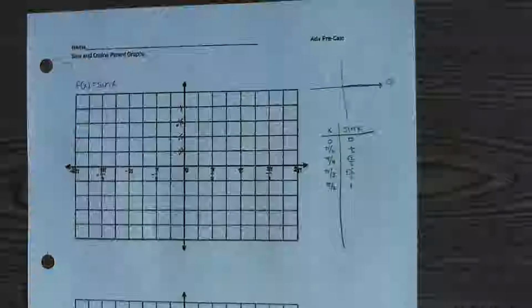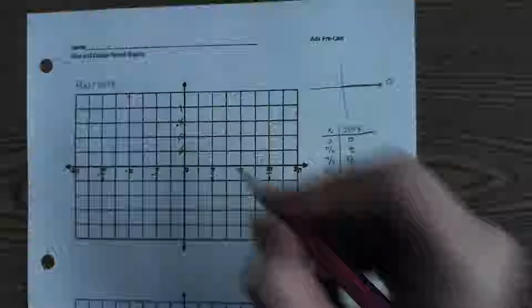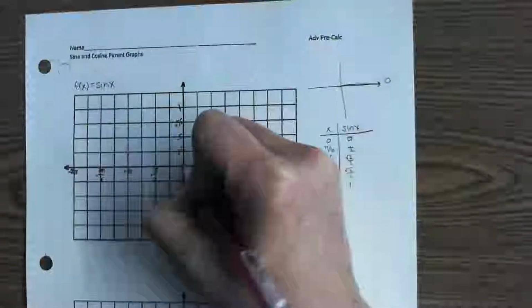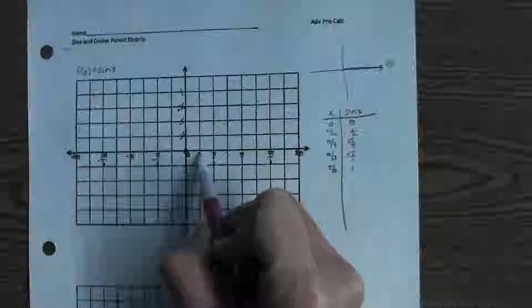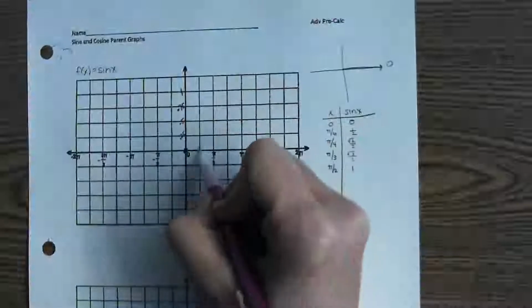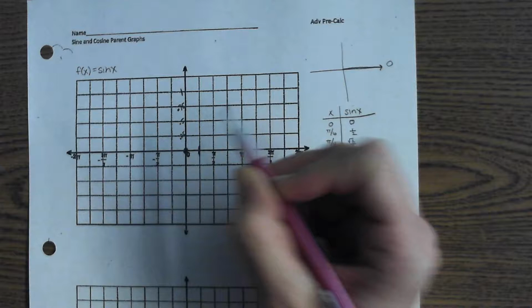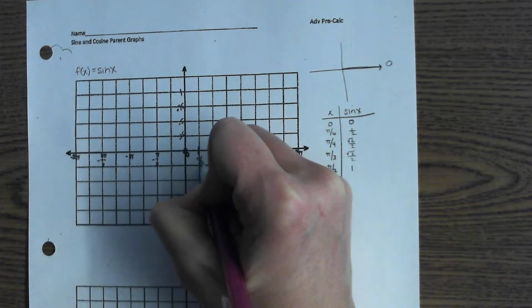And 3 of those 5 points I can definitely plot. 0, 0. Whereabouts is pi over 6? If this is 0 and this is pi over 2, what's this? Pi over 4. Very good.